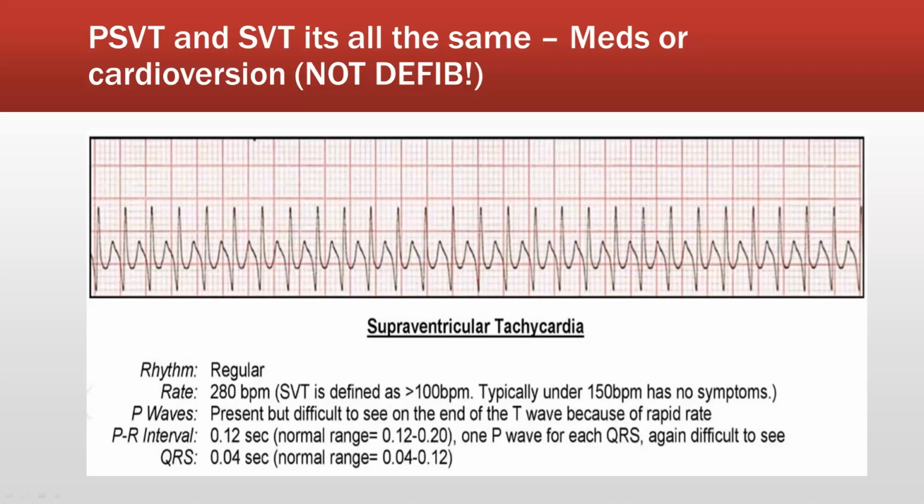It can be hard with this pen, but I'm going to follow the RS and then I come back up to the T. And what happens is, because this rate is so fast, you see how small the R to R interval is? The P wave is there, it's present, it's just buried in this T wave. And I don't know if you can see this little bitty bump, and that's kind of where the machine is probably trying to blend those two waves together. I understand that it's SVT or PSVT because the rate is really fast, the QRSs are really skinny, and that's going to be our criteria.